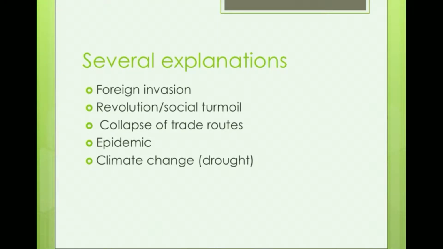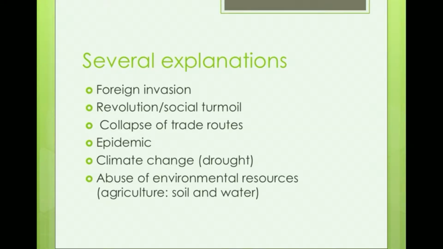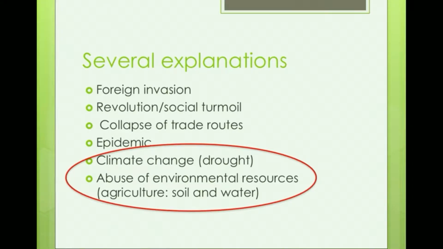Climate change, and particularly droughts, and again this issue of abuse of environmental resources, particularly soil and water through agriculture. The majority of the studies and evidence point to some combination of climate and environment and abuse of environmental resources, which all fall under the general environmental issue of this interaction between the Mayas and their surrounding environment.